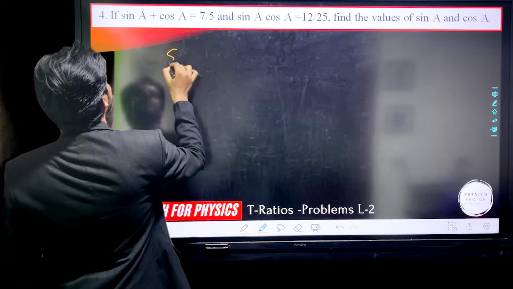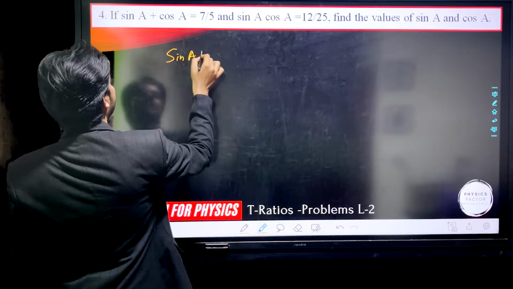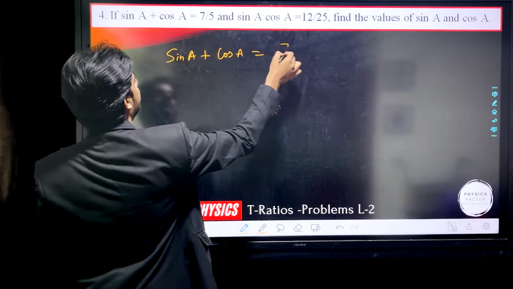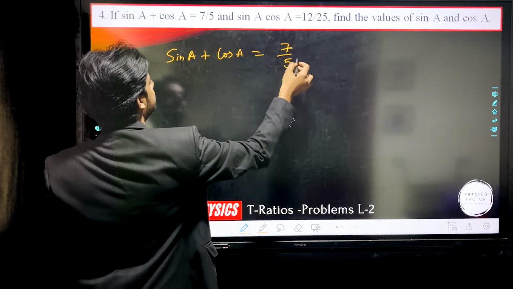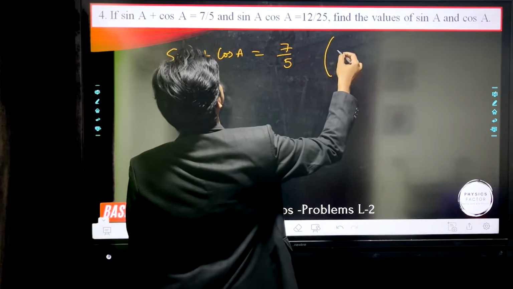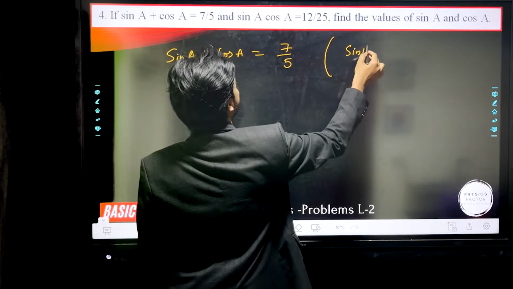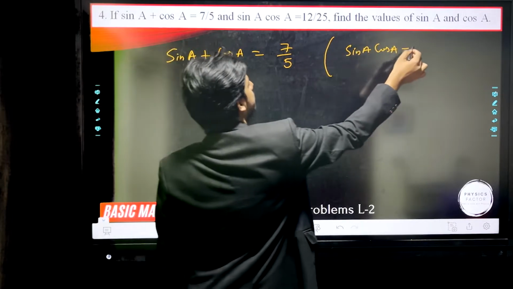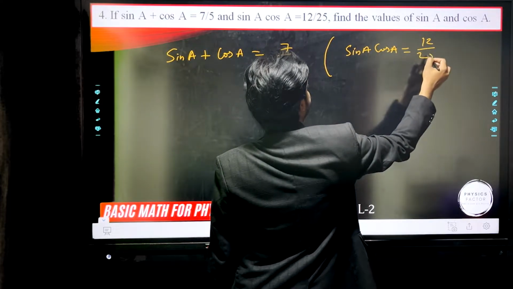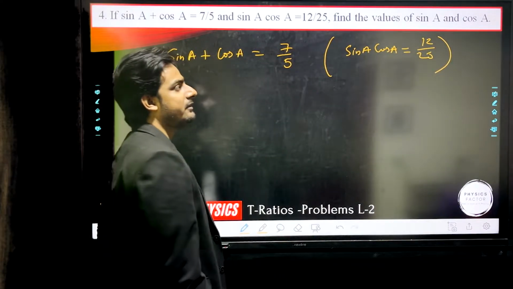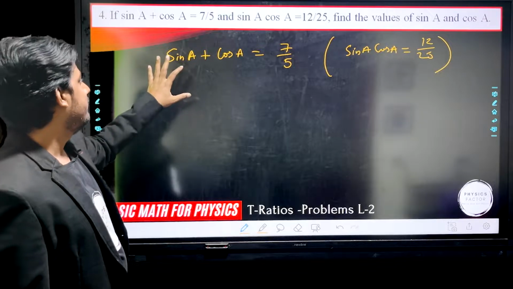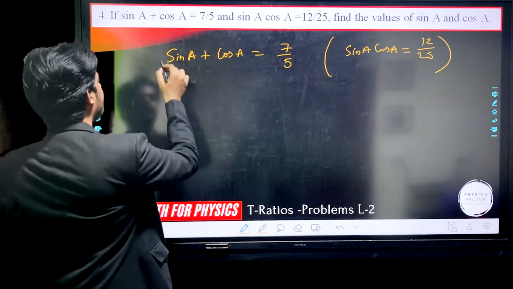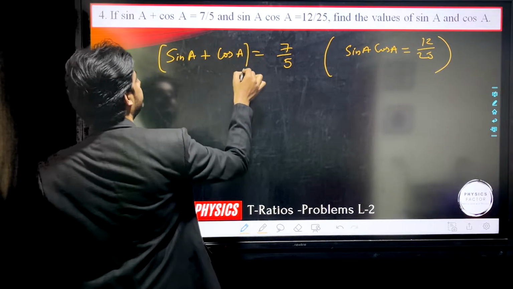So I will write it: sin A plus cos A equals 7 by 5. And what else do we have given? Sin A into cos A equals 12 upon 25. This we have been given. We'll square both sides.